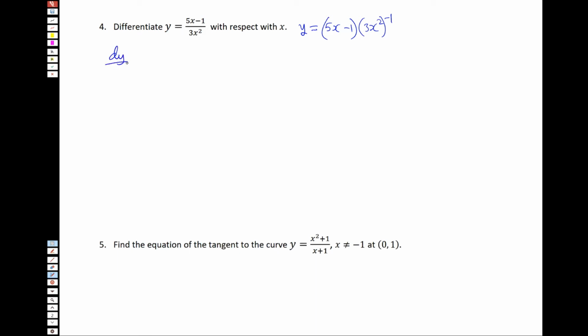So dy over dx will be equal to 5x minus 1 multiplied by the derivative of 3x squared to the power negative 1. And then here we have 3x squared to the power negative 1 multiplied by the derivative of 5x minus 1.